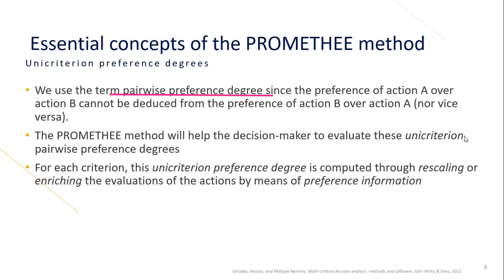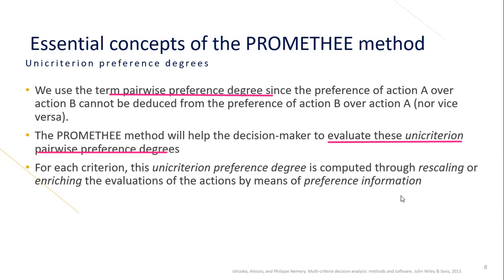When you compare action A to action B, you will automatically have the score of the other one, B compared to A. This is called evaluating the unicriterion pairwise preference degree.